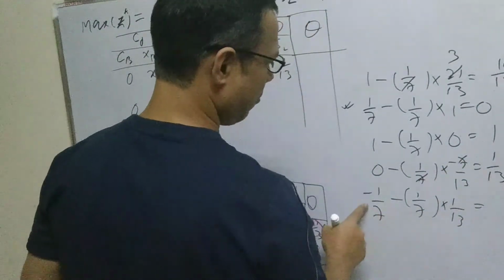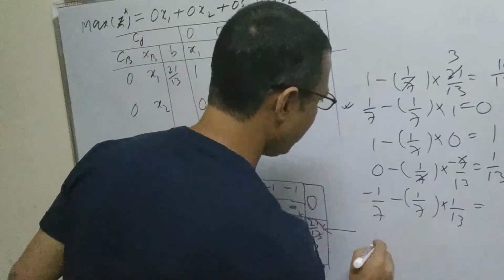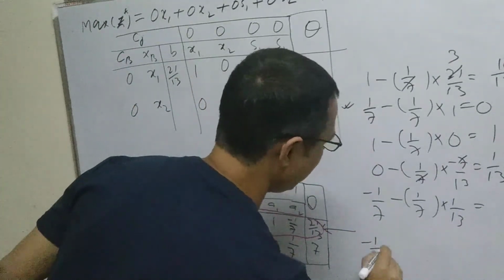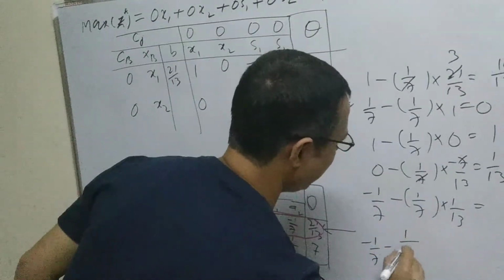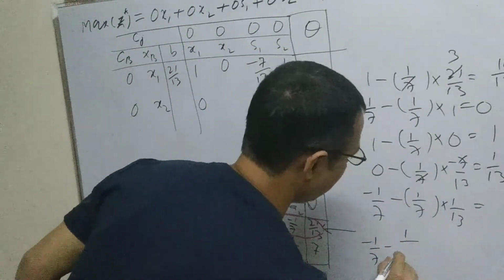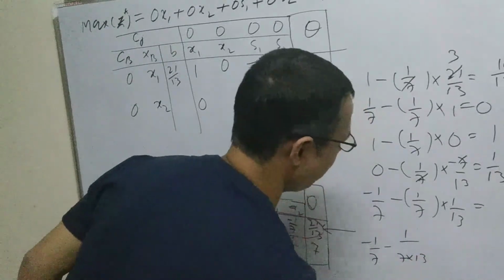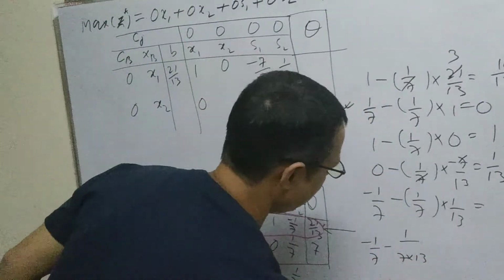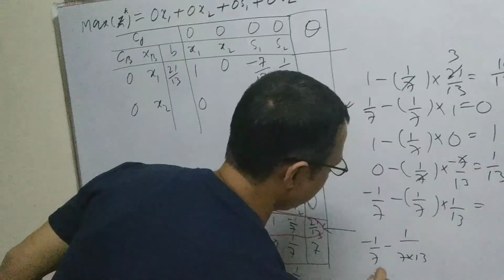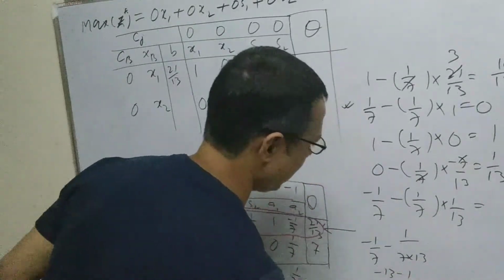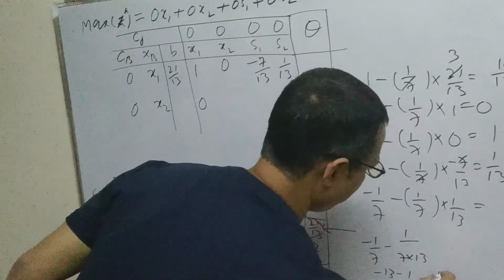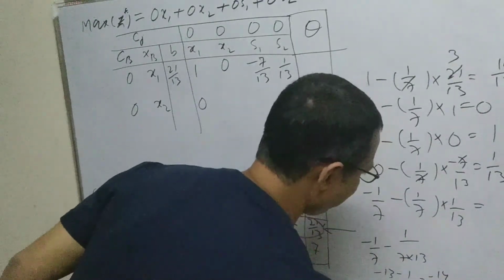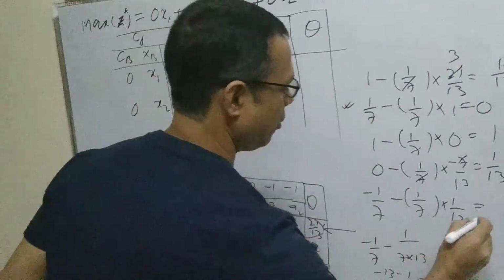Here minus 7, so let us go through this calculation carefully, because if any calculation has mistakes, our final result will not be perfect. So here minus 13 minus 1, minus 13 minus 1, minus 14 by 91.